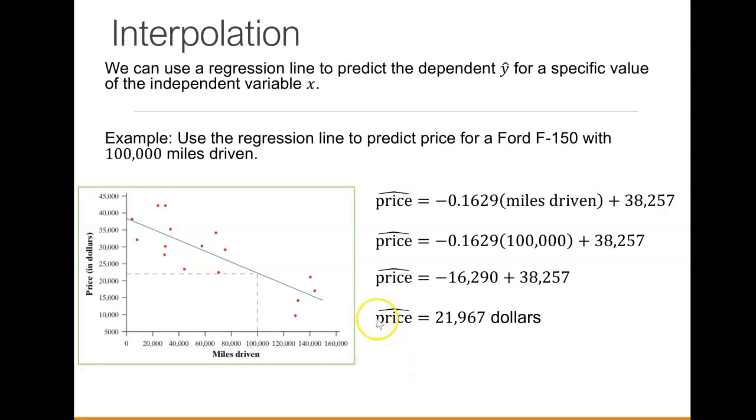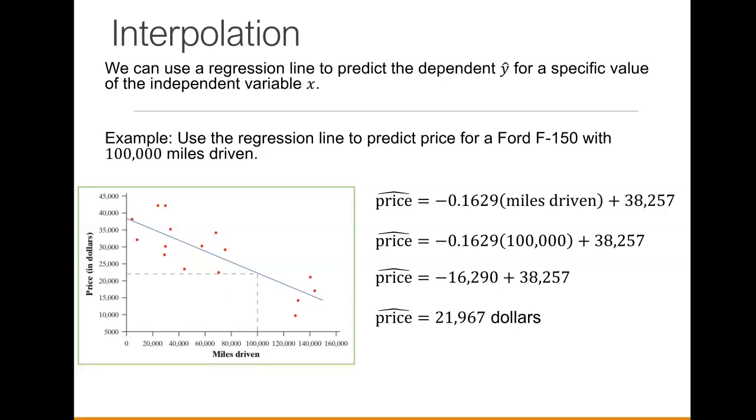That's another type of prediction. So this type, where the x value that you're plugging in lies in between the smallest x value and the biggest x value in your data set, is called interpolation. Interpolation, typically these predictions are reliable.